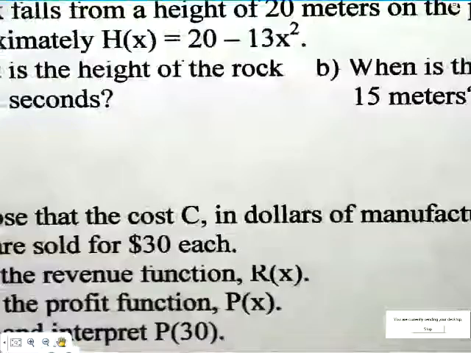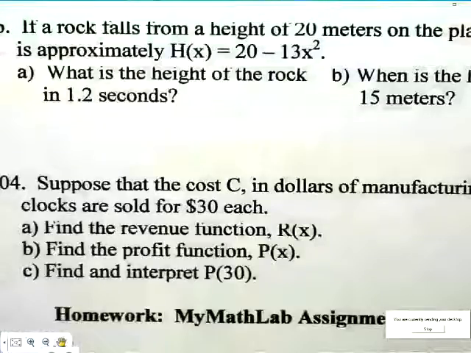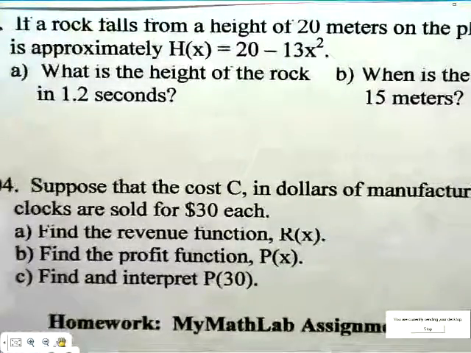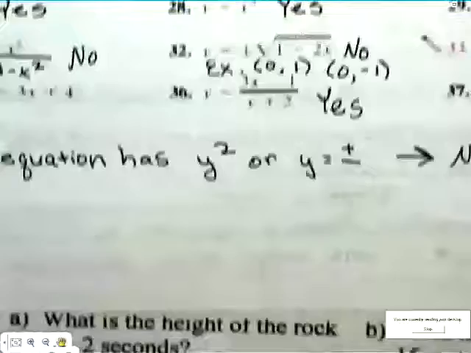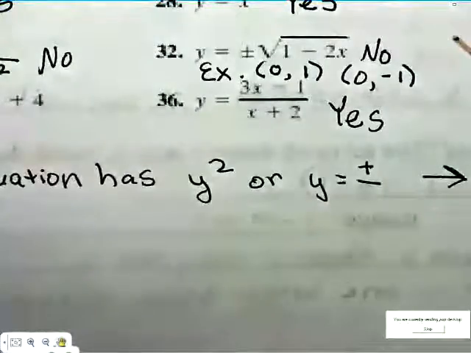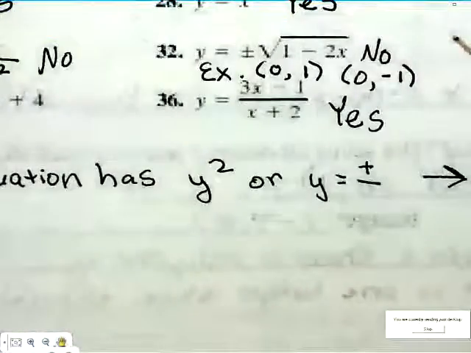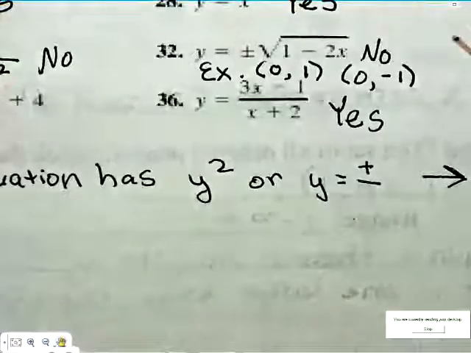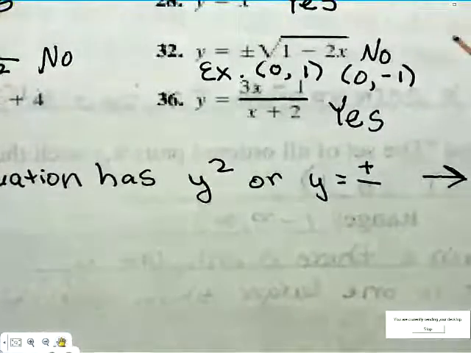All right. Page 3. I just asked the question about number 36. I said, if I gave you this problem on the test and ask you to let x be 7 and find y, you could do that, right?